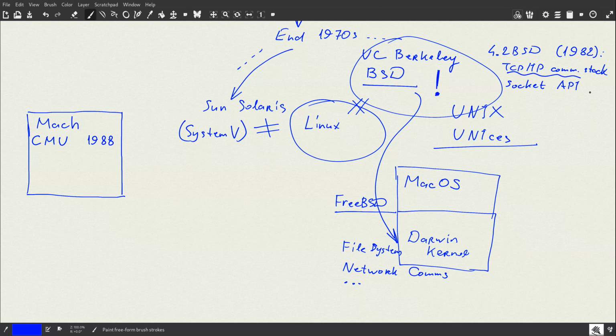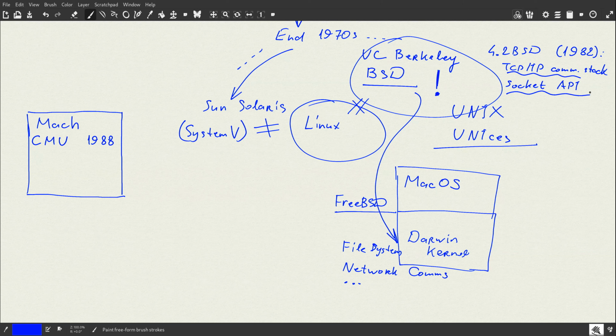So all things we're currently using, they're actually quite old. Imagine that sockets first appeared in Berkeley Unix, in 4.2 BSD, nearly 40 years ago, in 1982.